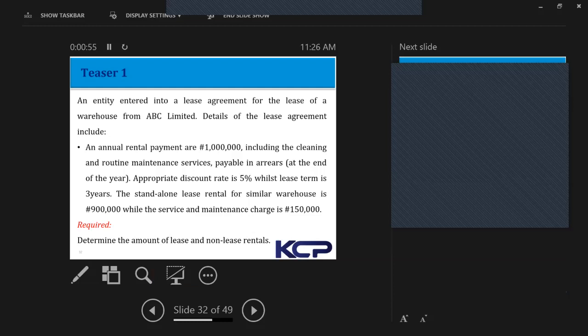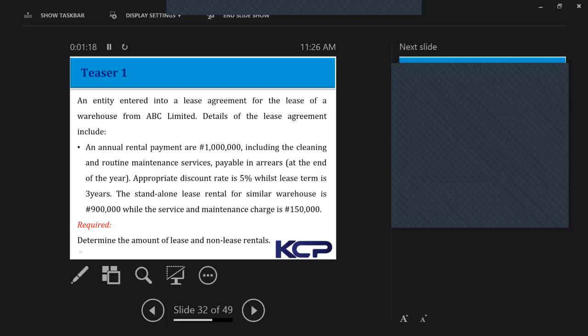The problem in this question is this: the contract did not say explicitly out of the 1 million naira what portion of it is the non-lease component and what portion is the lease component.